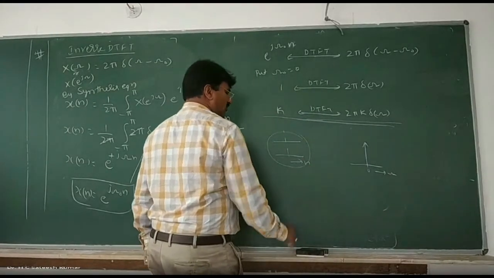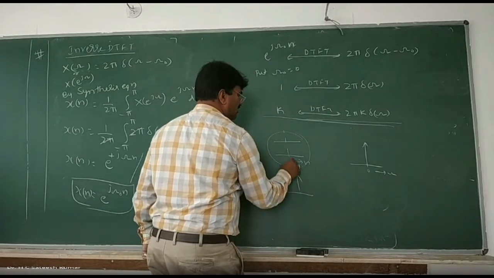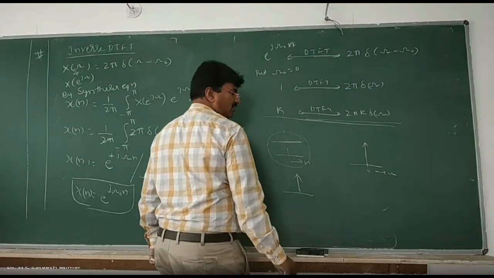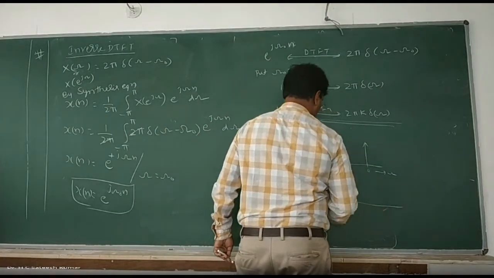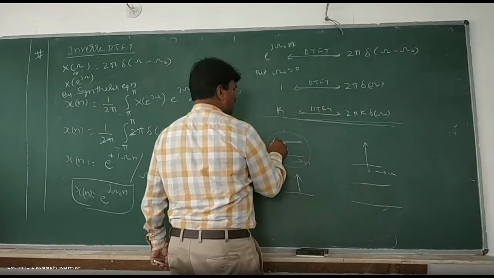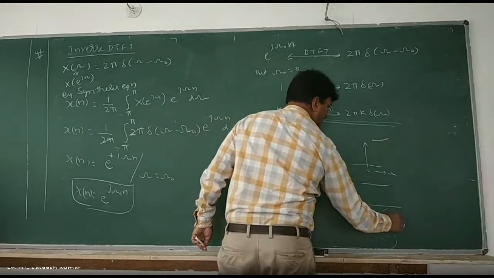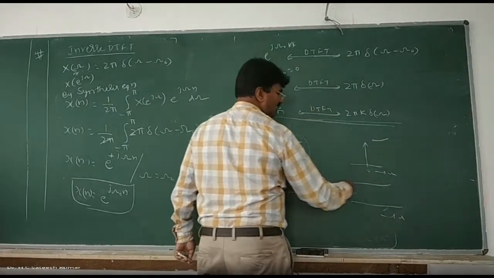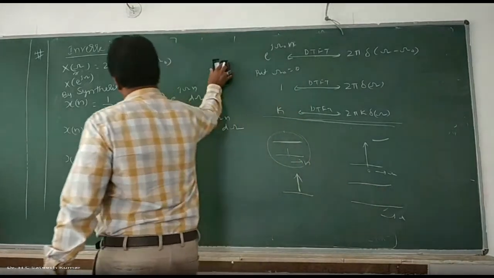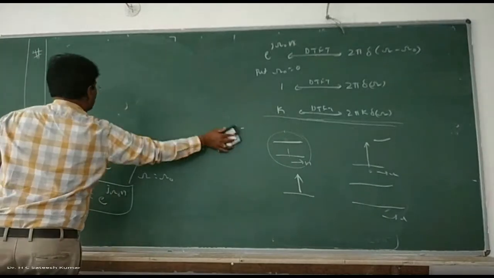If you take delta function in time domain, delta of n, the DTFT is constant. So you'll come to know the property. This is one of the important relations we have, and I'll use these things as identities.